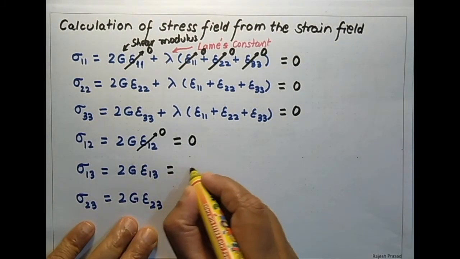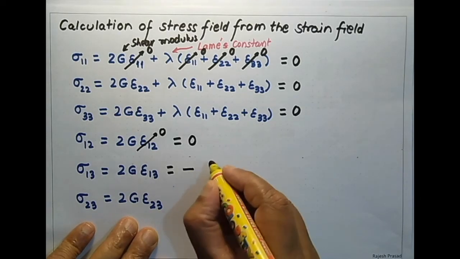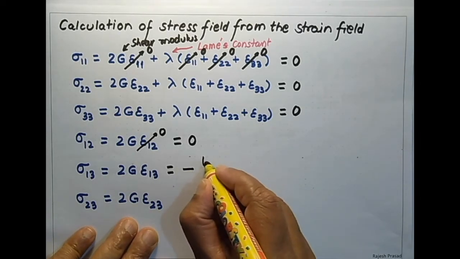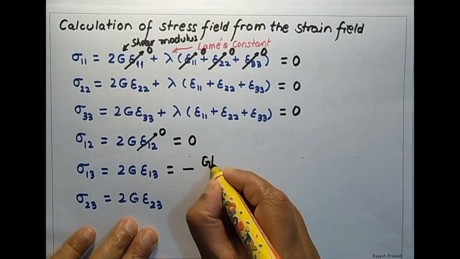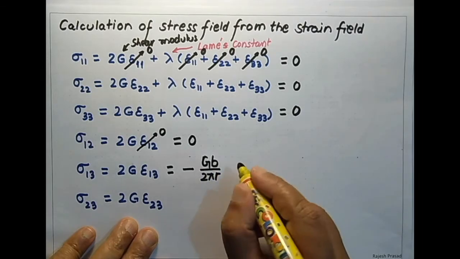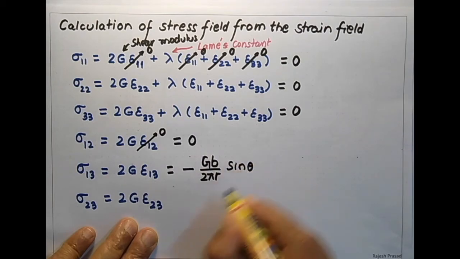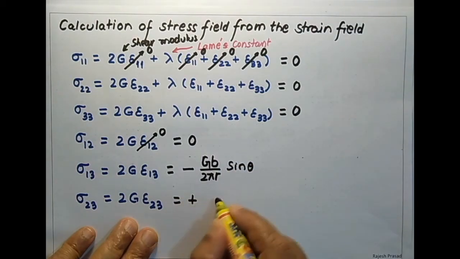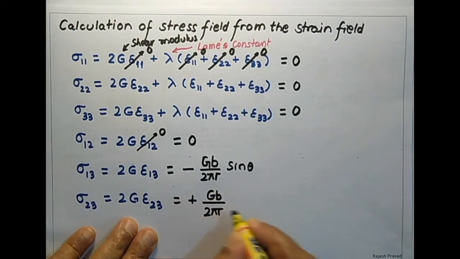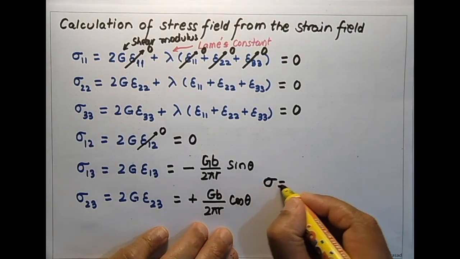So you will get sigma 1 3 equal to minus Gb by 2 pi r sin theta, and sigma 2 3 will become plus Gb by 2 pi r cos theta. So the stress tensor has a similar form to the strain tensor.